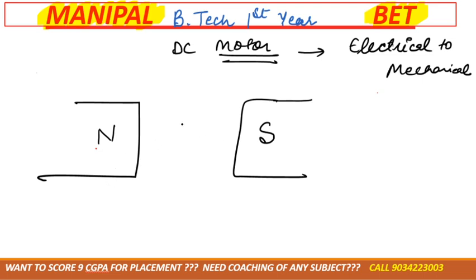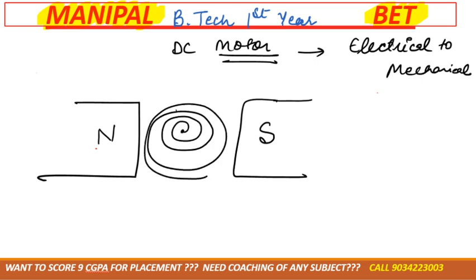So I'm taking a permanent magnet here, and there must be a coil. In the coil we are providing electrical energy, which converts to mechanical energy.